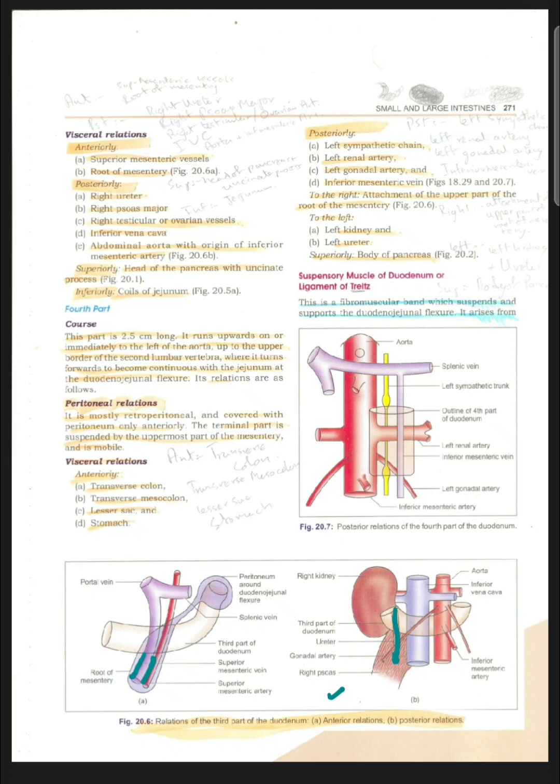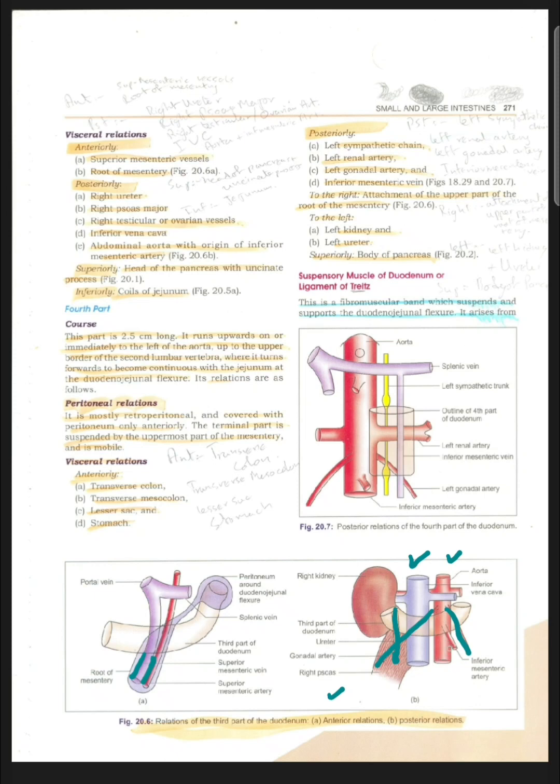The relations of the third part of the duodenum also include the right testicular artery, the right testicular or the ovarian vessel, the inferior vena cava, and the abdominal aorta with the origin of the inferior mesenteric artery. So we have got 5 relations: the ureter, the right psoas, the testicular or the ovarian vessel, the inferior vena cava, and the aorta with the origin of the inferior mesenteric artery.